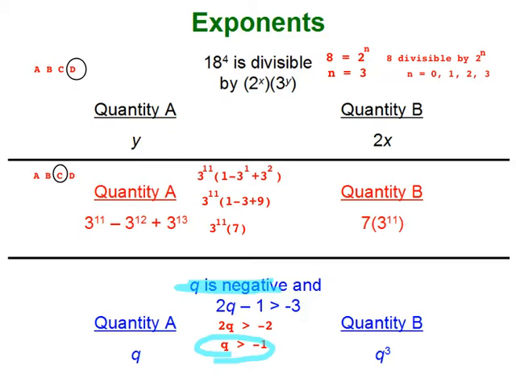And the answer is they shrink. They get smaller and smaller and smaller. So since both columns are negative numbers and column B is getting smaller because it's a fraction being raised to an exponent, we know with confidence that column B is bigger.